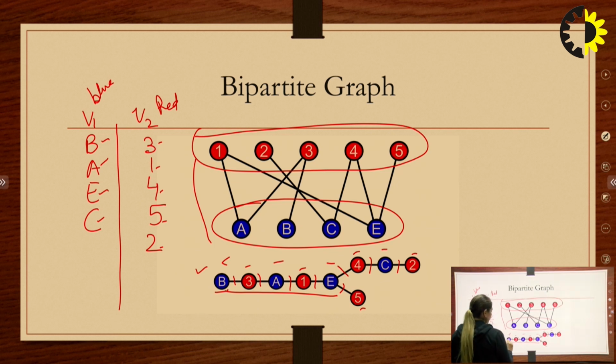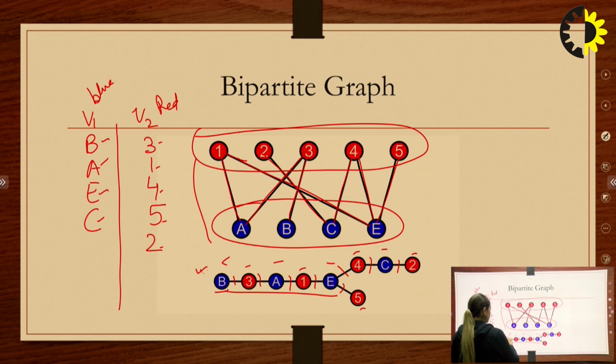There is an edge between B and 3, 3 and A, A and 1, 1 and E, E and 4, E and 5, 4 and C, C and 2.